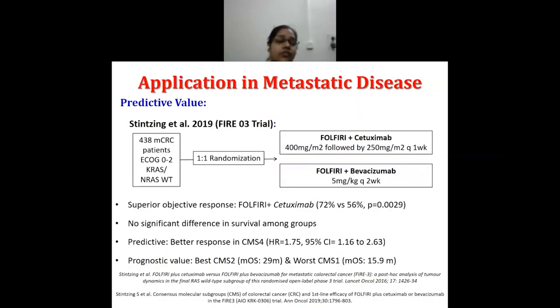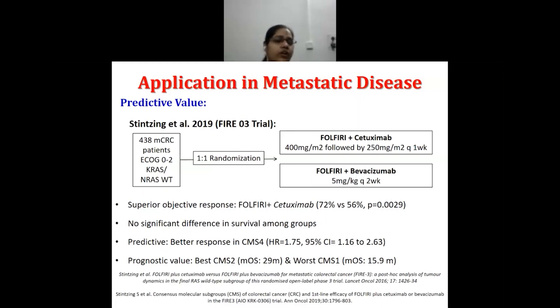Coming to another trial, which was conducted by Stintzing et al. in the year 2019, they tried to assess the colorectal cancer molecular subtypes and analyze the efficacy of the chemotherapeutic agents among the patients included in the FIRE3 trial.